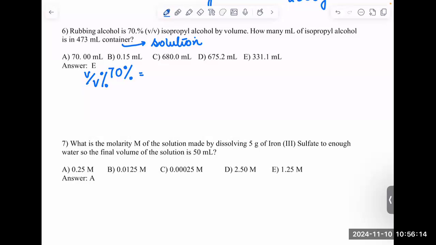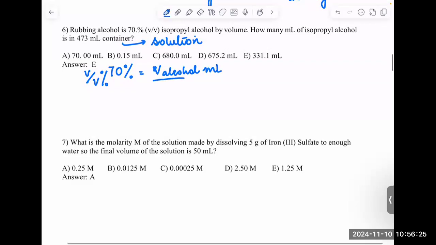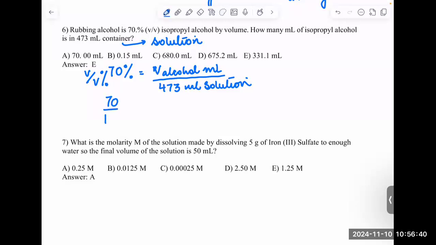We need to find the volume of the alcohol, and it is okay to have it in milliliters. Divide that by 473 milliliters of solution. So 70% means 70 over 100, times 473 milliliters of solution.